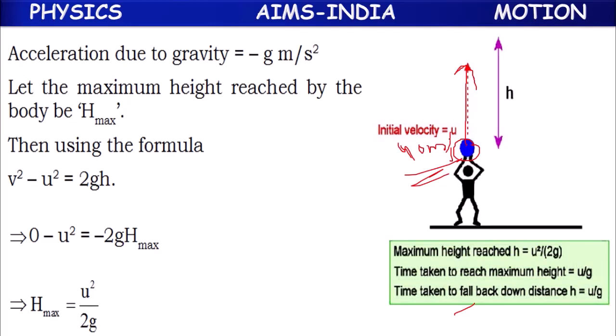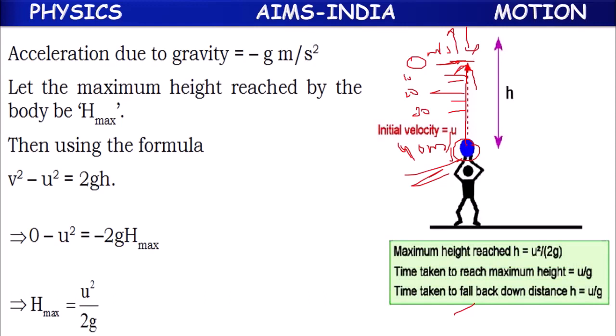But after some time, because of the gravitational force of the earth, its velocity will become 30, 20, 10, and finally it will become 0. When the velocity becomes 0, it cannot fly up. From there it starts coming down, falling down.